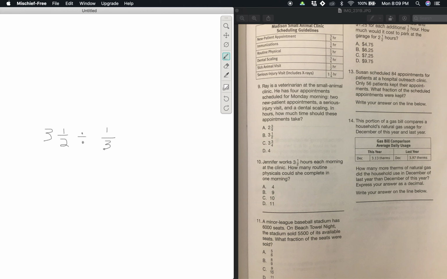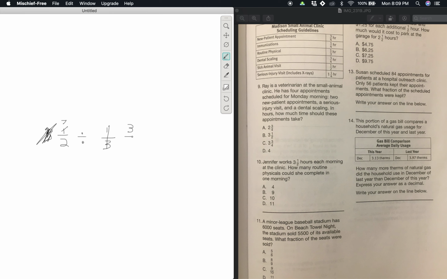So what we need to do is change this mixed number to an improper fraction. 2 times 3 is 6, plus the 1 there makes it 7, so 7/2. And as we know, with division, we need to cross this out and flip it over.